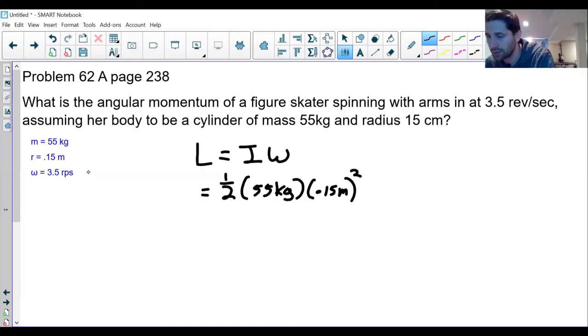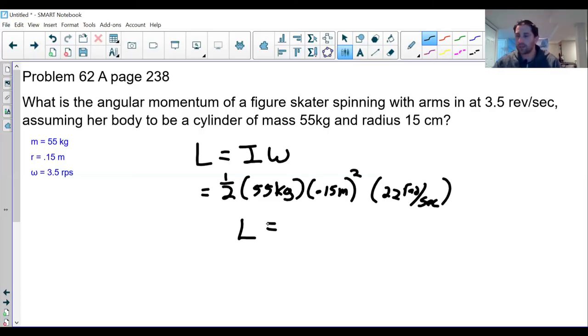So 7 times pi is about 22. I should have known that. 22 radians per second. And we can get that the angular momentum is 0.5 times 55 times 0.15 squared times 22. I'm getting about 13.6. And the units, kilogram meters squared per second.